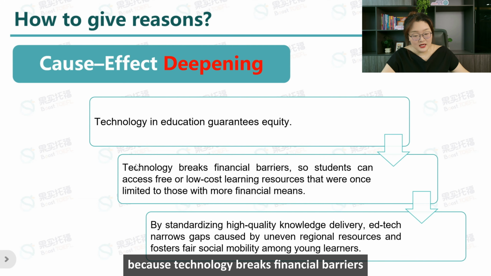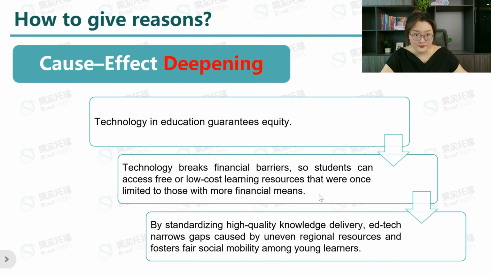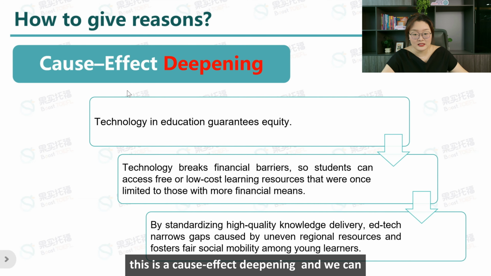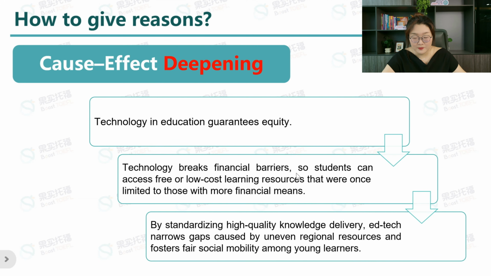Because technology breaks financial barriers, so students can access free or low-cost learning resources that were once limited to those with more financial means. This explains why technology guarantees equity, right? So this is a cause-effect deepening, and we can explain our major reason with this specific explanation.